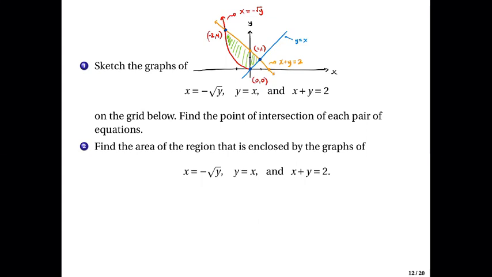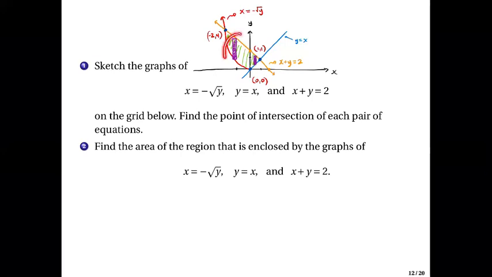So let's just use x as our variable of integration. It means that our strips would be vertical. So if we use vertical strips, at this part here, you will have this vertical strip here. And then at this part, you will have this vertical strip.